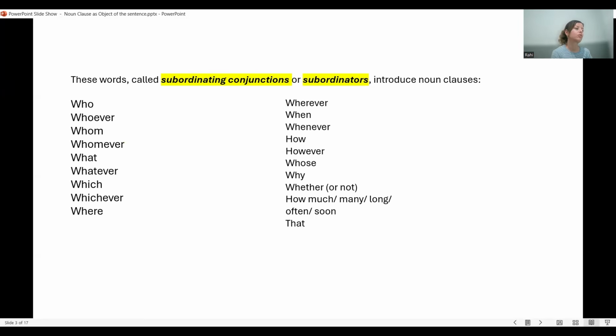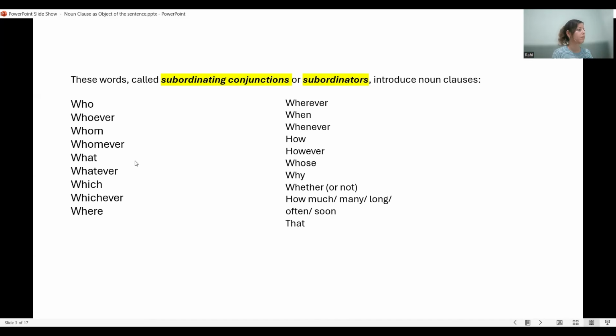The words that introduce a noun clause are called subordinators or subordinating conjunctions. Sometimes they call them relative pronouns. These are big words. I don't want you to learn this word specifically, but knowing it doesn't hurt. As you see, the list is a little bit long.